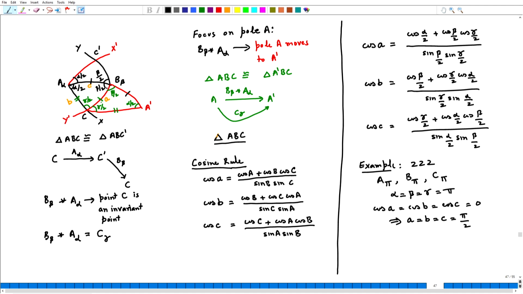This is exactly the same result we got from matrix multiplication, that when I have 3 two-fold axes meeting, they must meet at 90 degrees to each other. So, these angles are all 90.